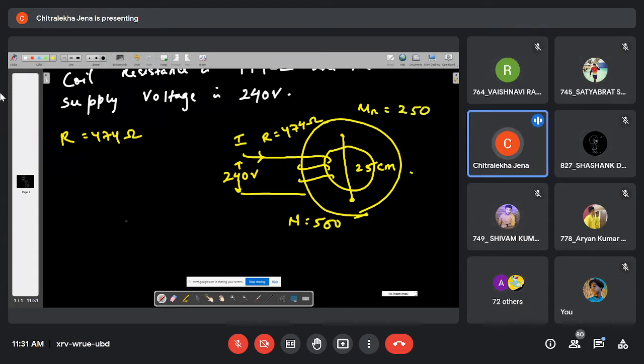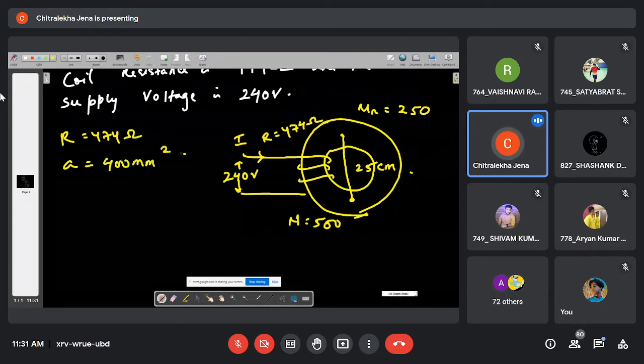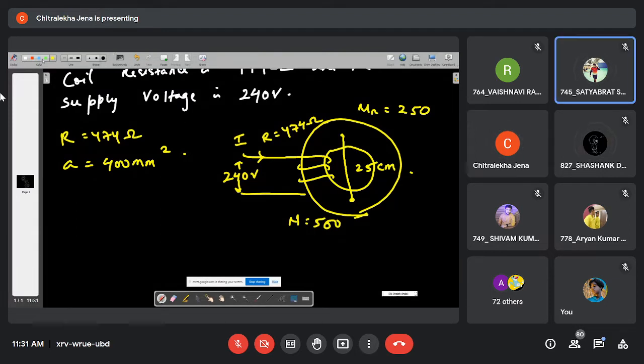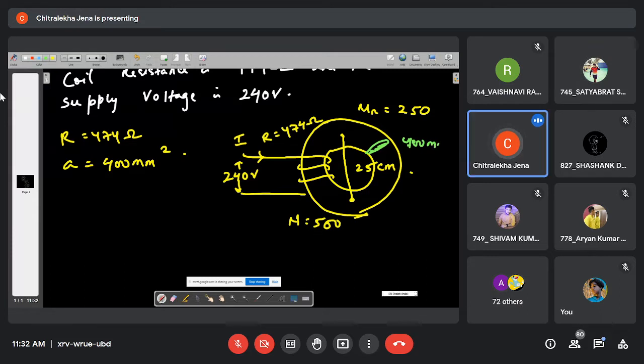Cross sectional area A is equal to 400 mm square. Anything else? No, that much.